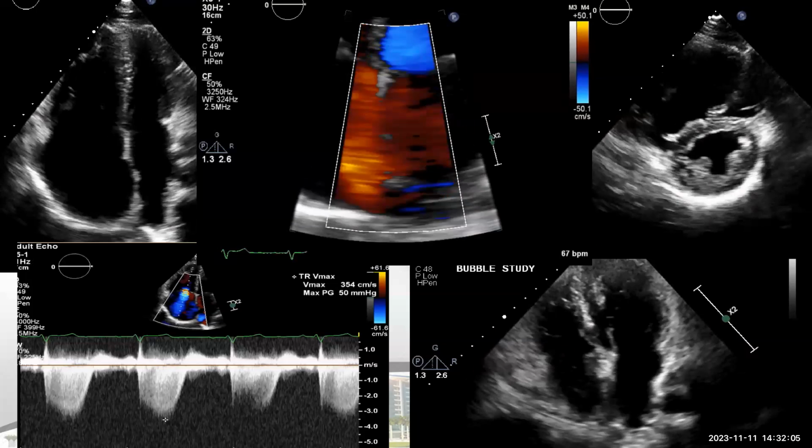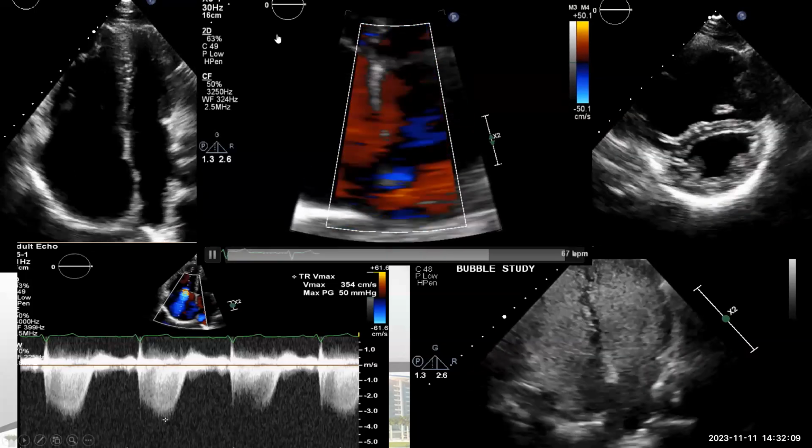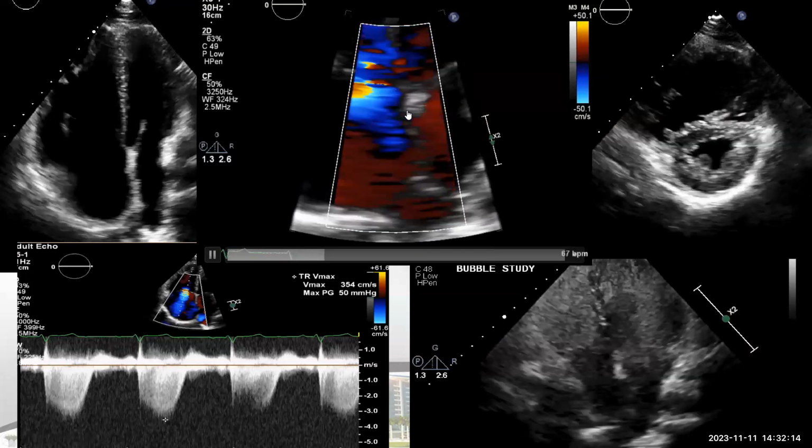Yeah, this is a very easy case. This is a piece of cake. But what type of cake? I don't know. Large ASD, TR, right side V shape. Any other suggestion?